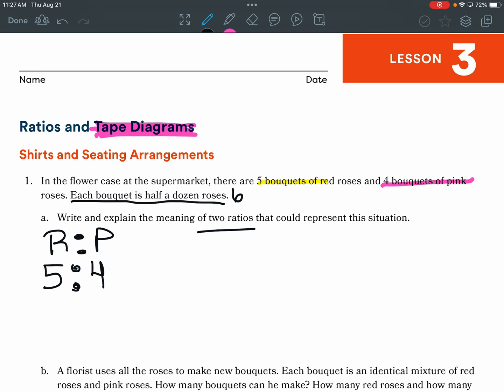Okay. Now, here's my question. Can I then say this is my second ratio? No. That is the exact same thing. That is just written a different way. That is the same ratio. Yes, ma'am.